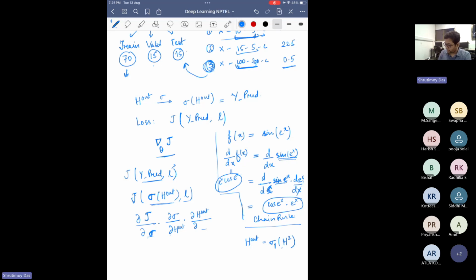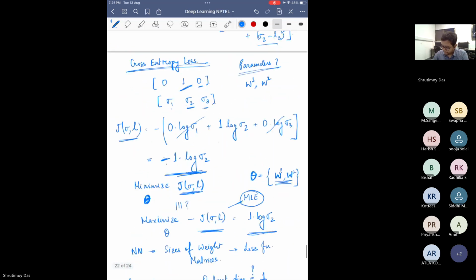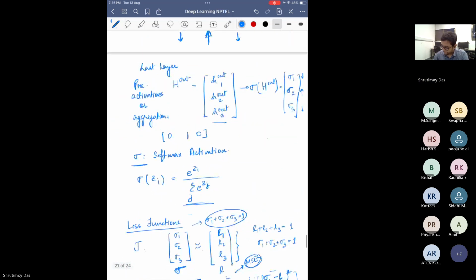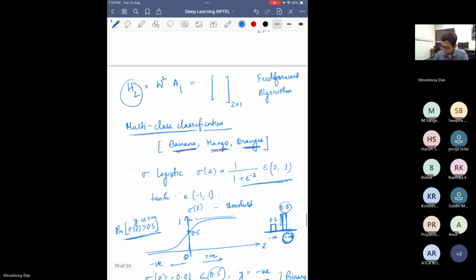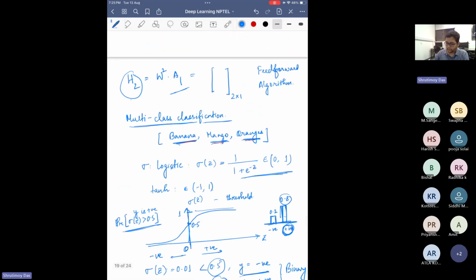No, it will not be H2 because we're applying sigma 1 on top of H2. So actually this is A1, or A2, I think I gave some name here. Yeah, I named it A1.